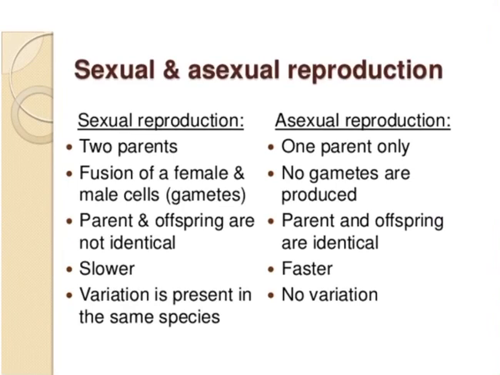Sexual reproduction is slower, but asexual reproduction is faster. During sexual reproduction, where two parents are involved, variation is present in the same species, but in asexual reproduction, there are no variations. These are all the differences between sexual and asexual reproduction.